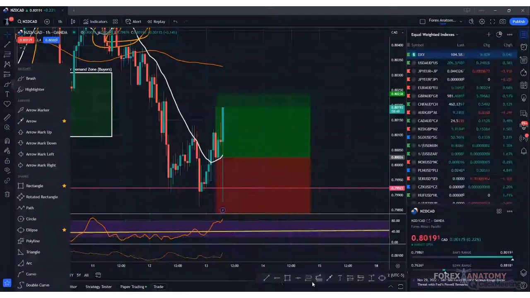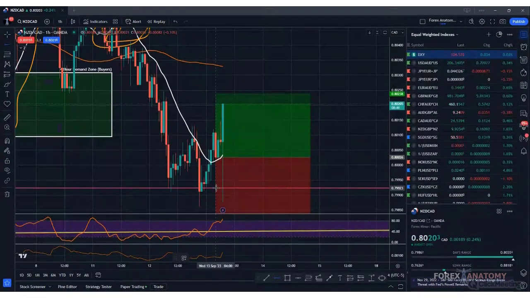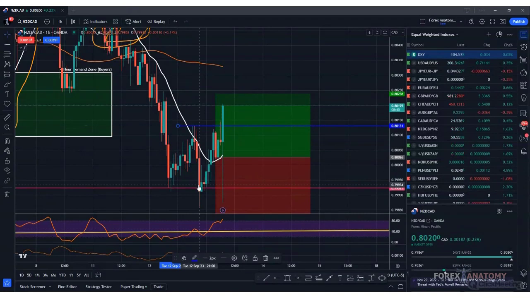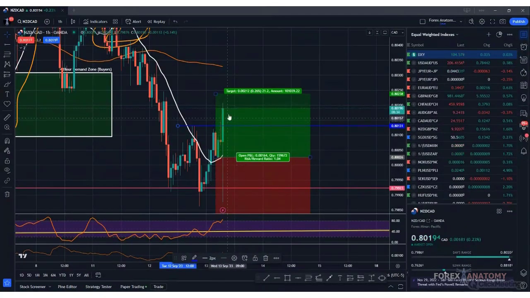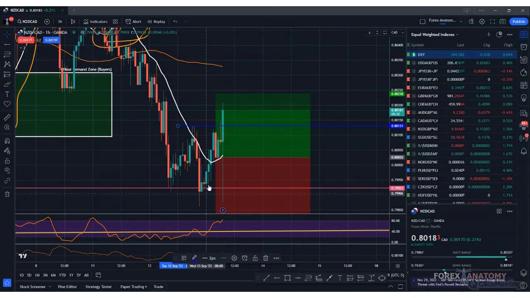So again, let's draw this out. So then we do have this right here, and in actuality our trade is a little bit lower than this one right here. We entered somewhere right around 79, right around 80.